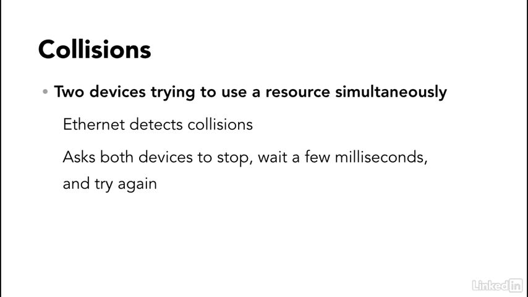But it will ask both of them to use a different amount of time. So for example, one device might be asked to wait 10 milliseconds. The other device is asked to wait 30 milliseconds. And therefore, when they restart, they won't be restarting at the same time. So Ethernet has the ability to detect collisions and fix the collisions.